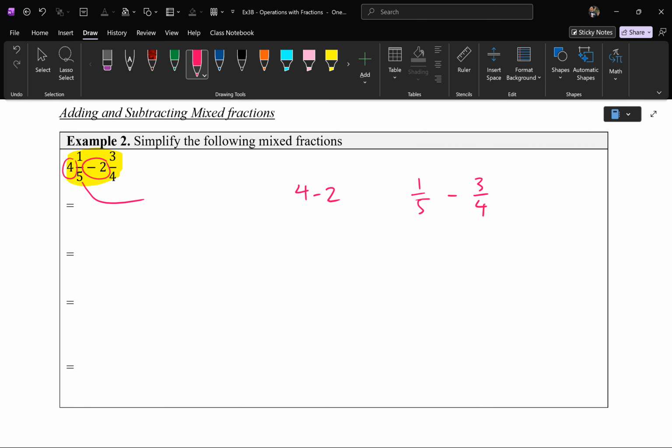Yeah? I don't recommend that method, but in your textbook at the moment, all the questions will work in the shortcut method. Why don't I recommend it? In this good example here, is 1/5 smaller or larger than 3/4? Smaller. 1/5 is about 0.2. Yeah, and then 3/4 is 0.75.